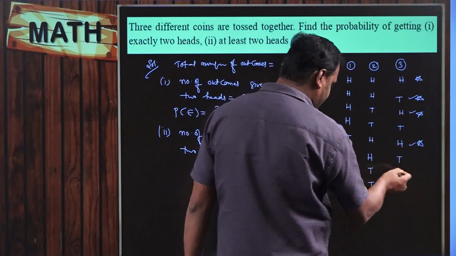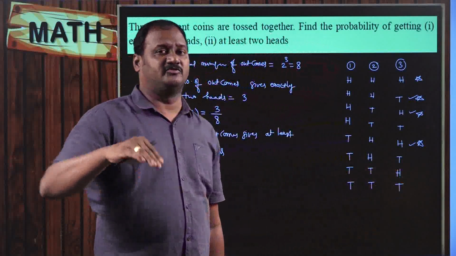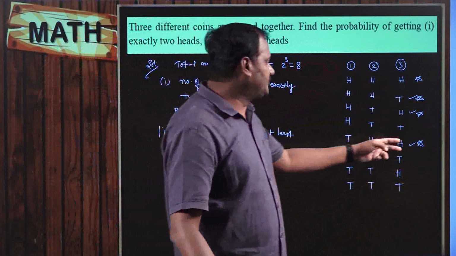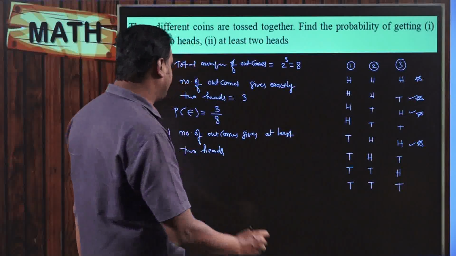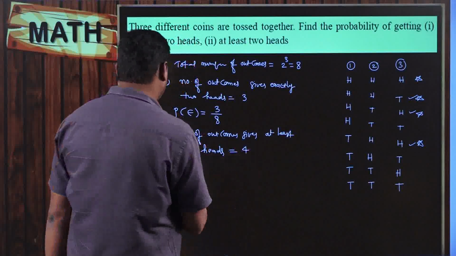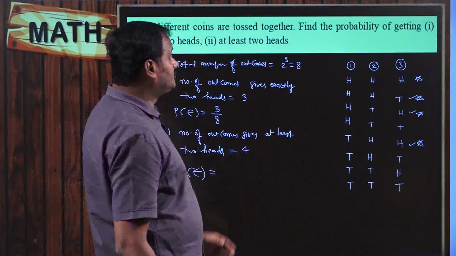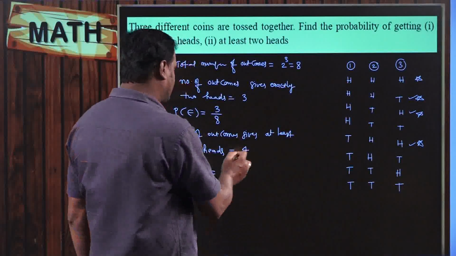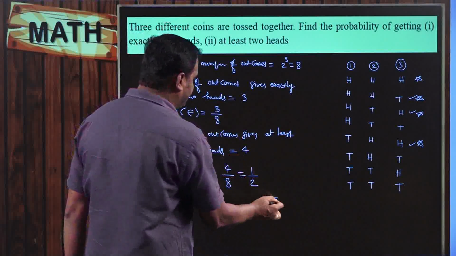Here one head, here one head, here one head. So at least 2 heads means 2 or more than 2 heads. Already 2 heads in 3 events and one more with 3 heads. So there are totally 4 favorable outcomes. Therefore, the probability of getting an event which has at least 2 heads is 4 divided by 8, which is 1 divided by 2.